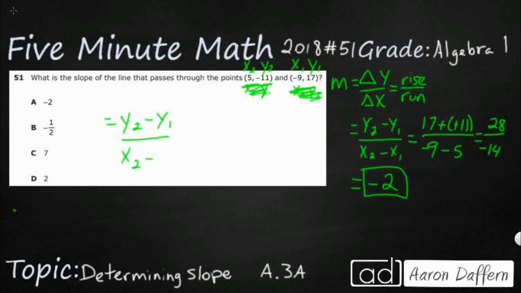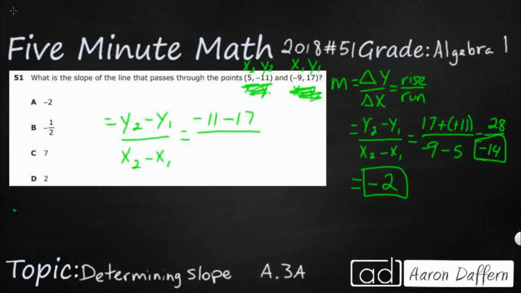What you're going to find is everything stays the same, except I had the negative 14, right? It's just going to now end up on the top in the numerator. All right, so my y2 is going to be negative 11. My y1 is going to be 17. So you notice how that's going to be negative, whereas in the past it was positive.